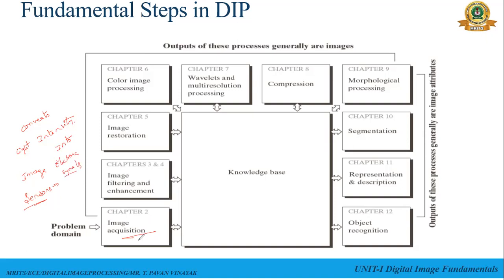This is the first step, image acquisition. In unit 1, we will learn in detail about image acquisition, the different types of sensors, and how they work. The second step involved is image filtering and enhancement.